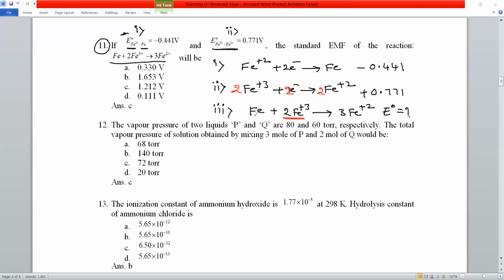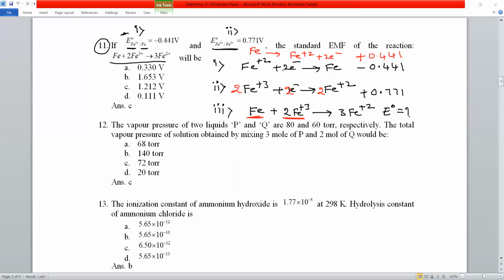Then Fe is there in equation number 1, but in reverse. If we reverse this reaction, Fe converts into Fe plus 2 plus 2 electrons. If the reaction is reversed, the reduction potential value also changes sign, so this becomes plus 0.441.